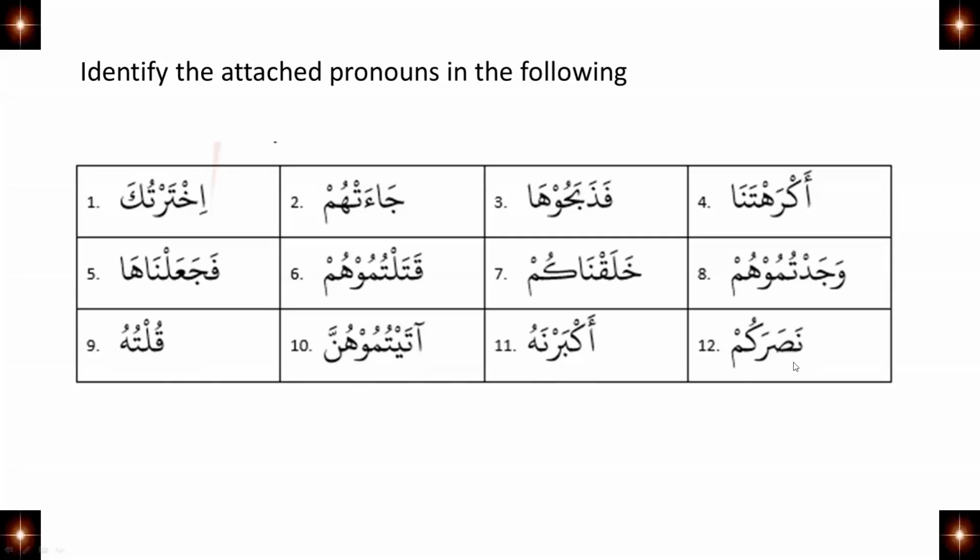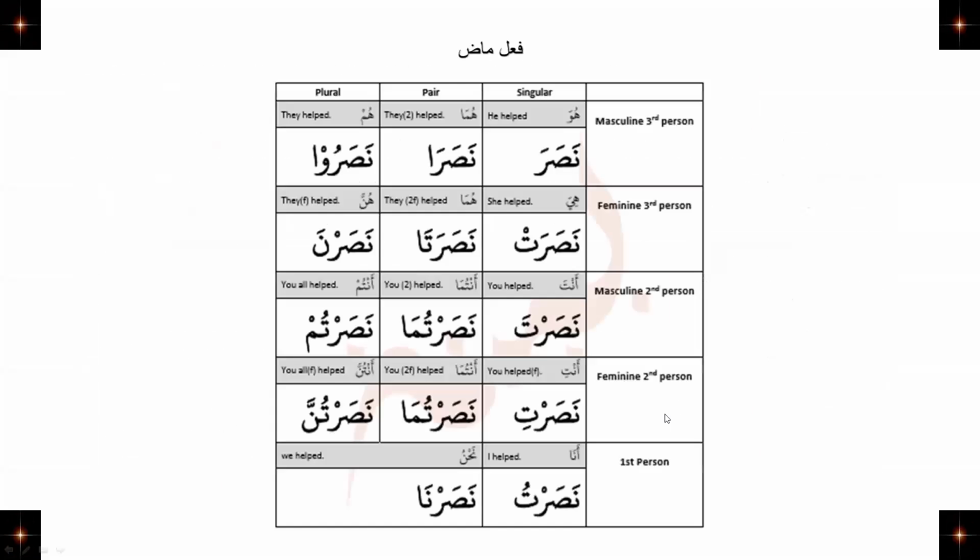Now note, try identifying how to know your fi'l, right? And if you remember here in fi'l maadi, let's go back. Okay, here you can see that it is only with the huwa, huma, hum, then here, huma, that are having the ra with either fatha most of the time or dhamma. But the rest, the ra is having sukun. Have you seen?